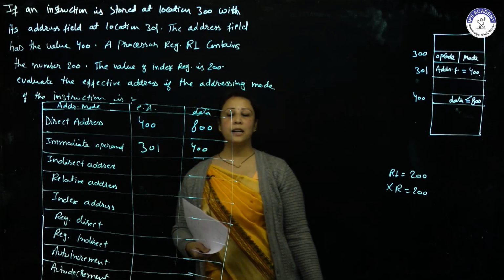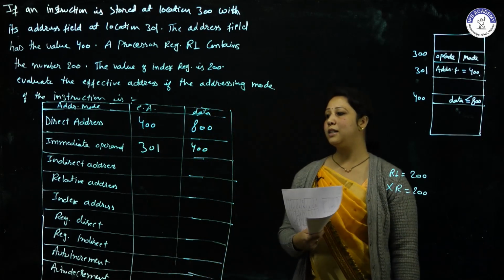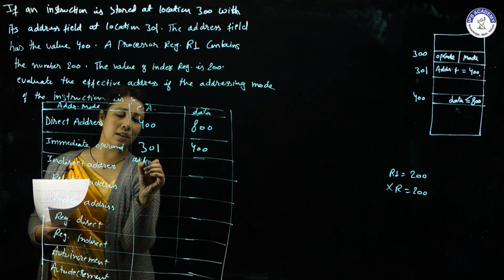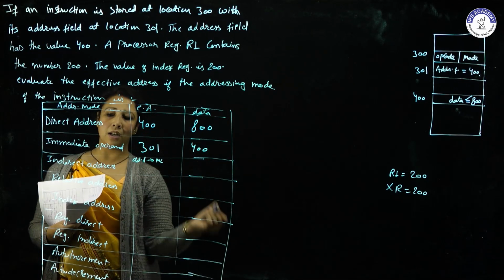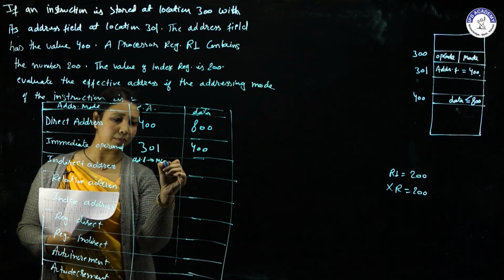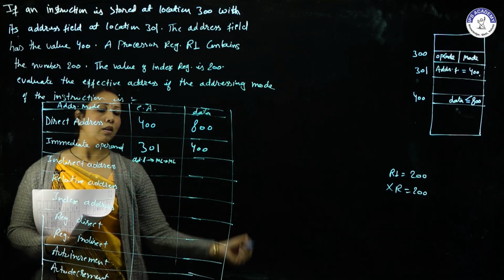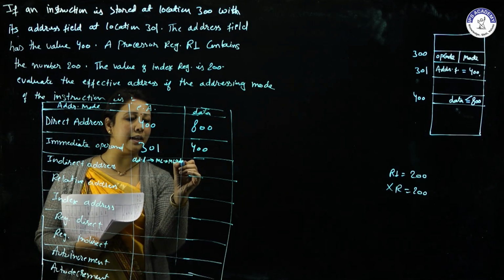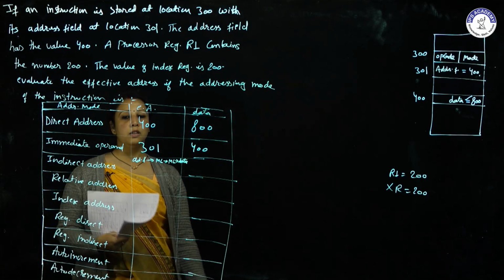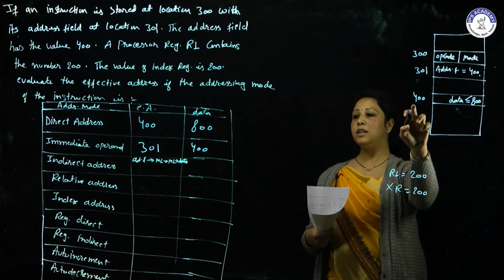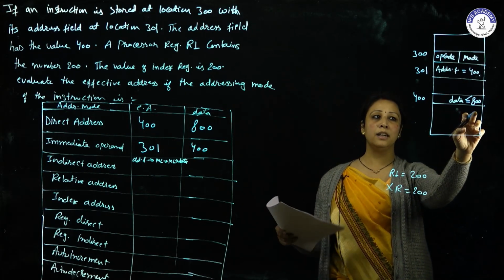Now the next is indirect address mode. Indirect address mode tells us the address field gives a memory location, and this memory location gives us another memory location, and this memory location gives us data. So the address field contains the value 400. This 400 gives us another value 800.